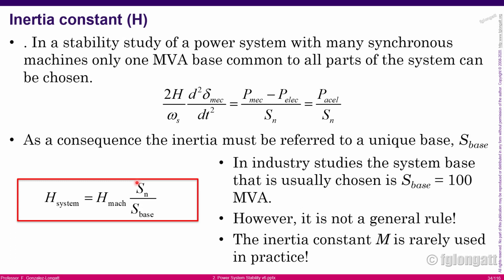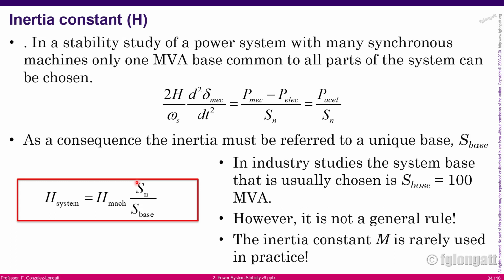However, that is not a rule. What I want to say is that using a base for the whole system is what we do, and that is what you need to understand: every single inertia constant inside the power system must be referred to the same basis, and over there you can find the equation.